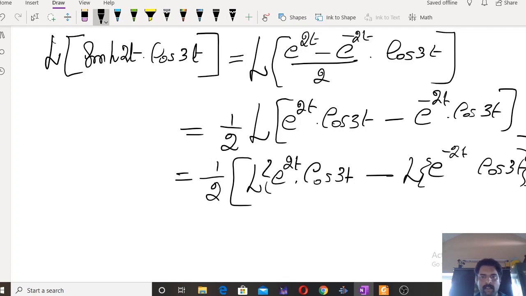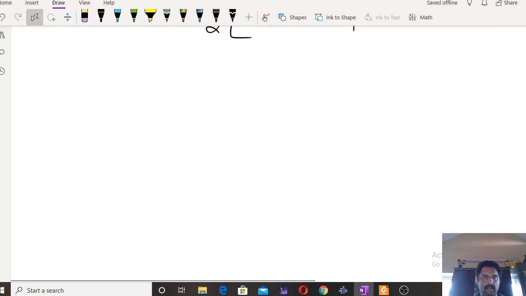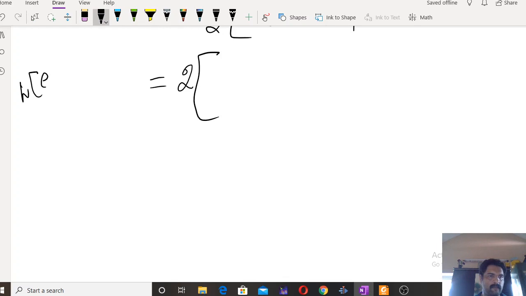Now, these two terms are like e raised to at into f of t. The Laplace transform of cos 3t is equal to s by s square plus 9.